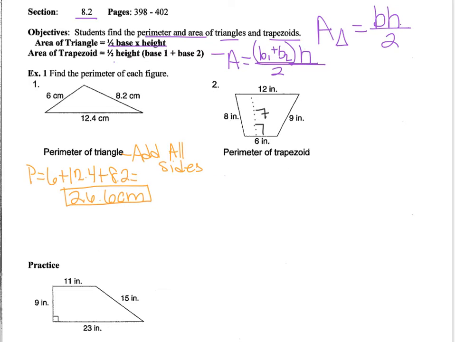Now for the area, they didn't give us enough information. So for area, I need to take the base times the height and divide it by 2, but they didn't give me the height, so let's add that. And remember that the height has to be perpendicular to the base. Let's write that down over here.